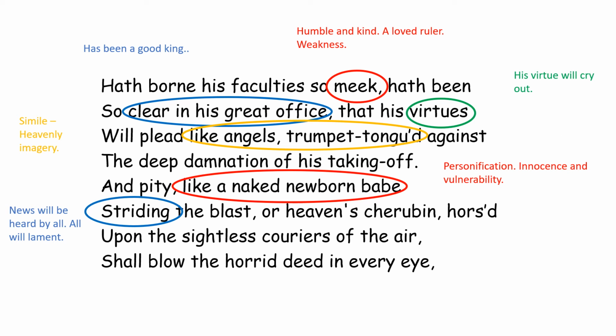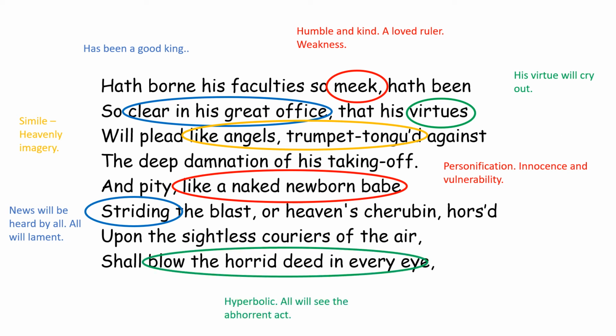"Striding the blast, or heaven's cherubim, horsed upon the sightless couriers of the air." So these creatures, these cherubim, these angels, baby angels, will almost be on the back of horses, and no one will see them, but they will metaphorically go out and spread the secret, spread what has happened.